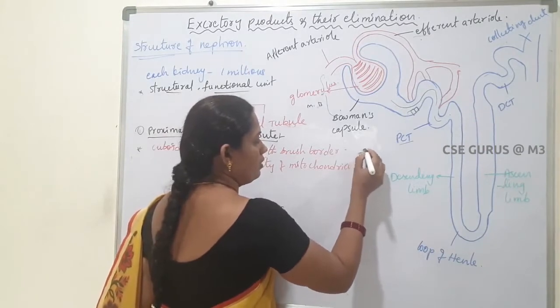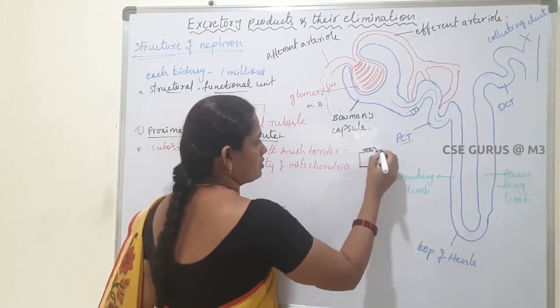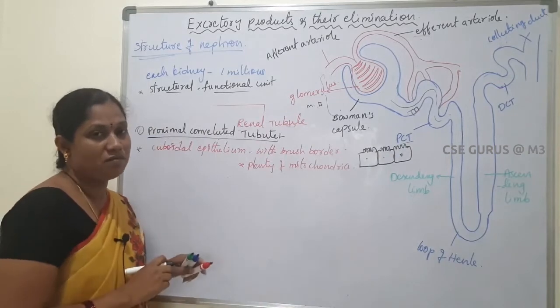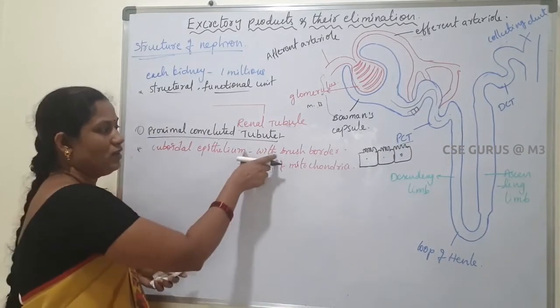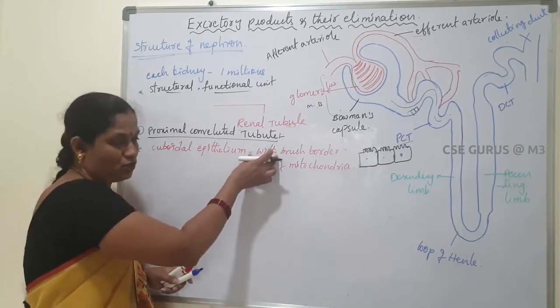For example, like this, this is one cell, and next, like this. Each cell has many microvilli, so it looks like a brush. That's why it is called the brush border.